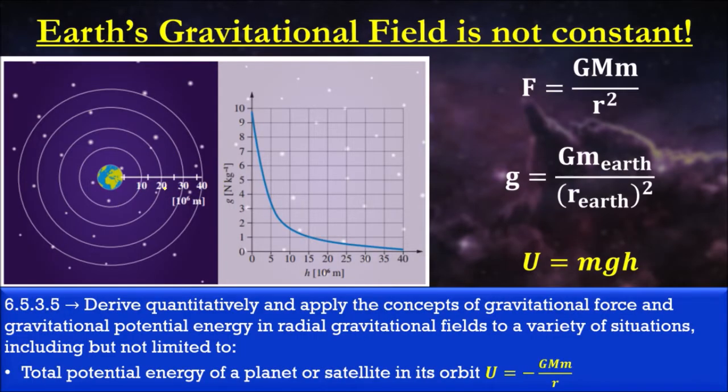If you actually have a look, this is a nice little graph that illustrates the changes in gravitational acceleration as we move further and further away from Earth. You can see it is sort of like an exponential decay.